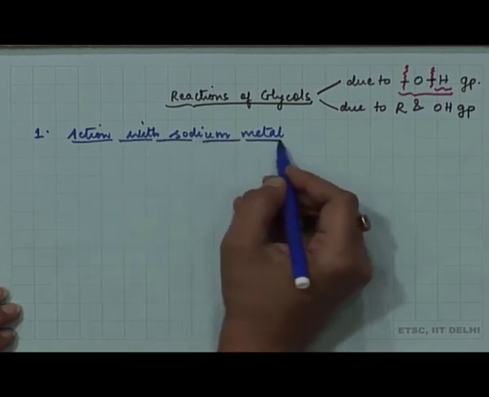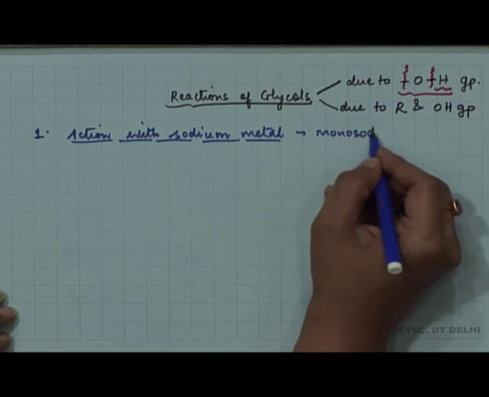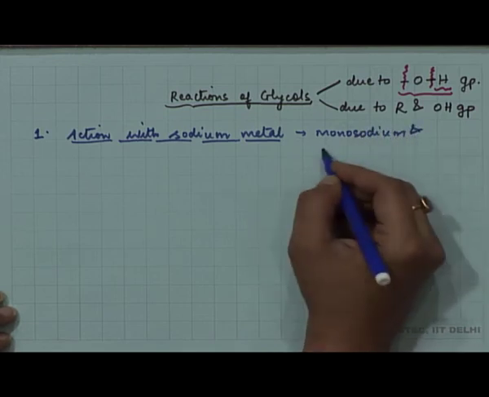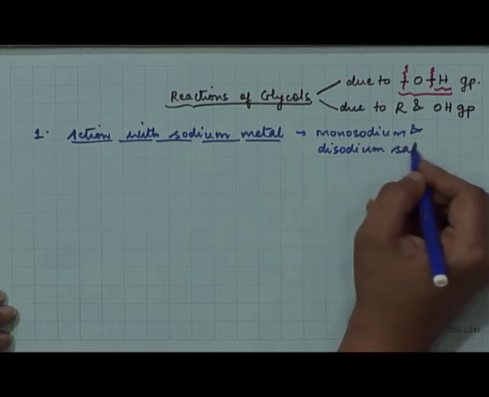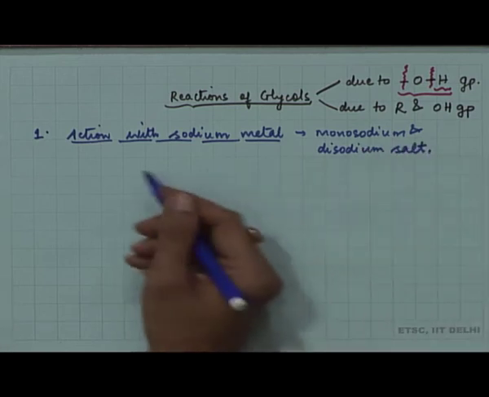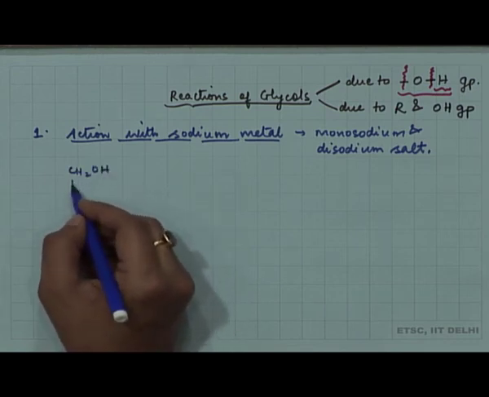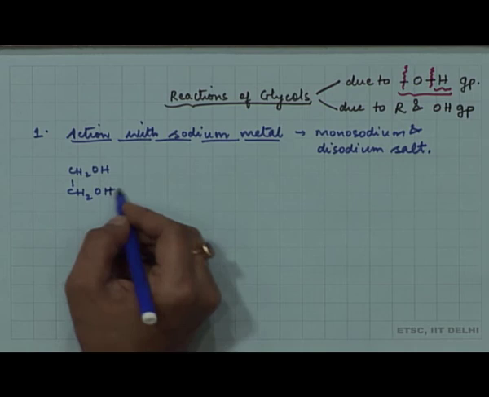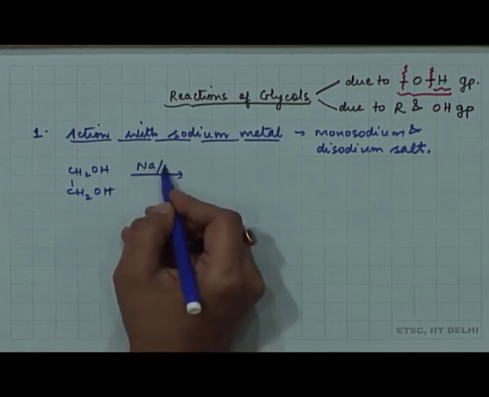Since these are dihydric alcohols, obviously you will expect to get a monosodium and a disodium salt. All these reactions we have done earlier also for alcohols, but this is just a recap, for you to know that it works the same way with diols as well. So, you take the 1,2 diol, and the only thing we are showing here is that it takes place sequentially, one by one.